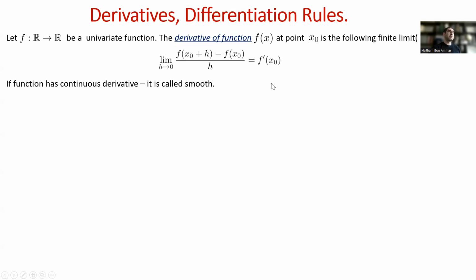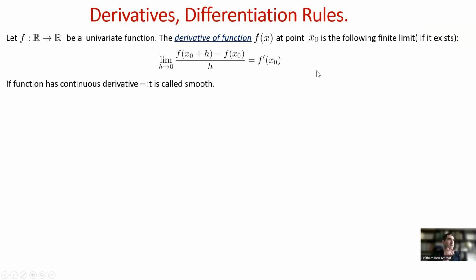derivative. So we'll consider the univariate case where we have a function of one variable, and this variable is the scalar x. And for that function, the derivative of the function at point x0 is the following limit, if it exists. So we take a slight displacement from x0, and that displacement is parameterized by this value h, and we take the difference between the function value at that displacement, which is f of x0 plus h, minus f of x0, and we divide this by the size of that displacement h.